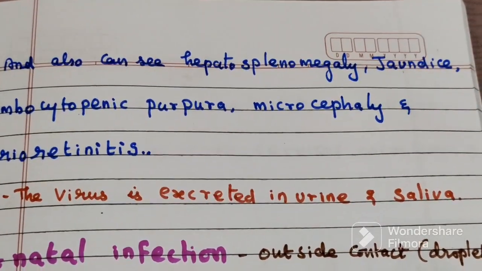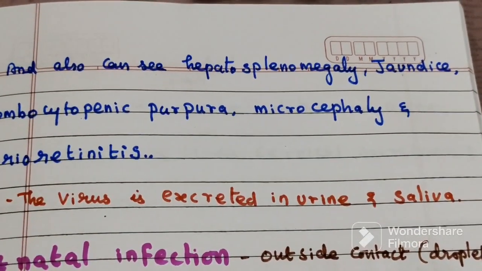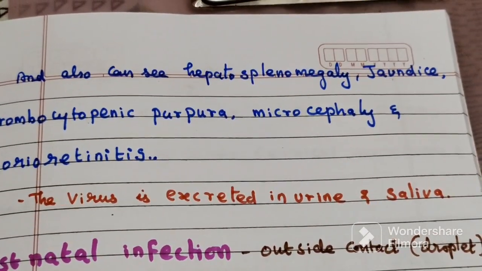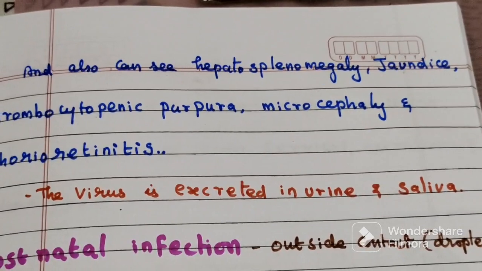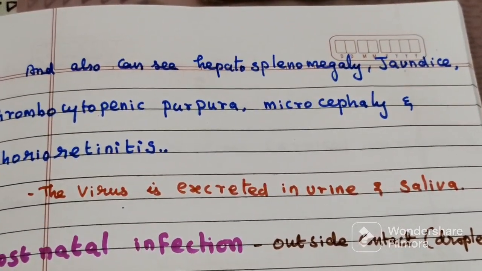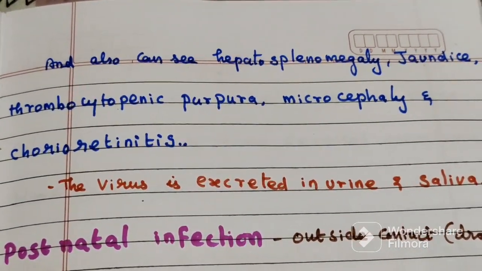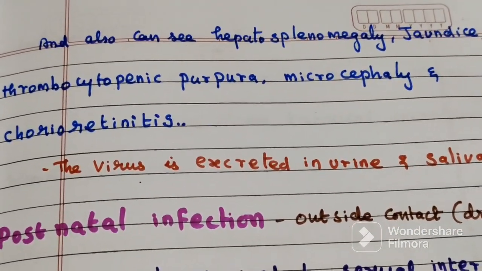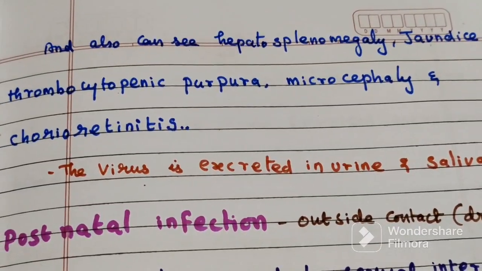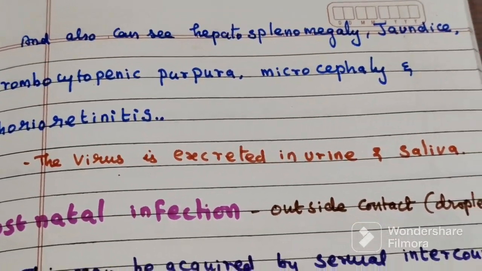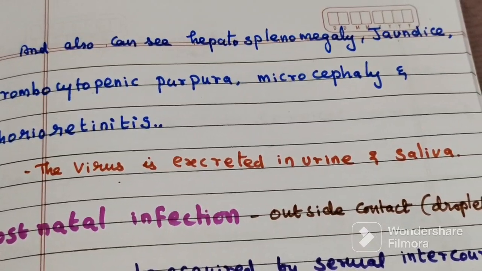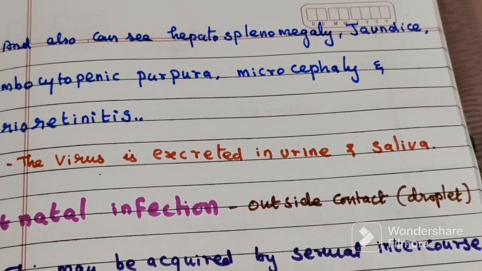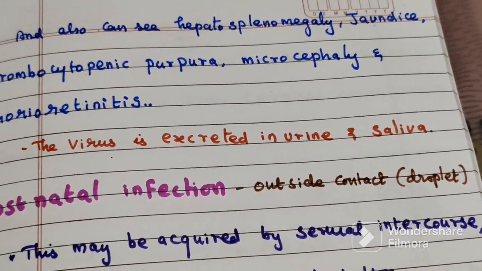The nervous system is highly affected, resulting in microcephaly and chorioretinitis. That means the baby has a very small head and a very small brain. They are mentally retarded.